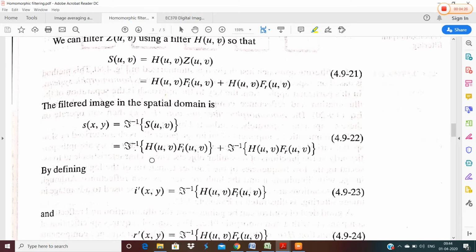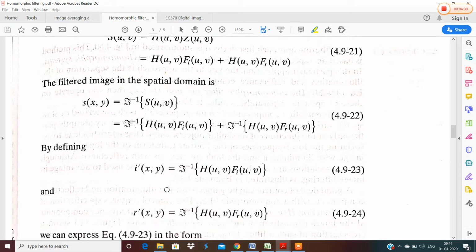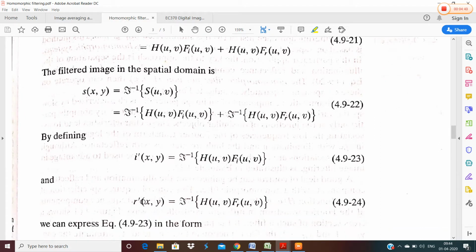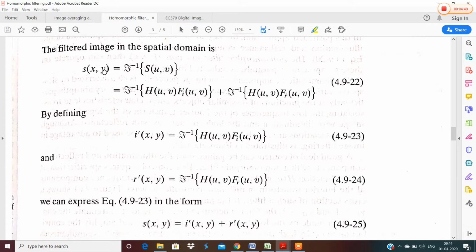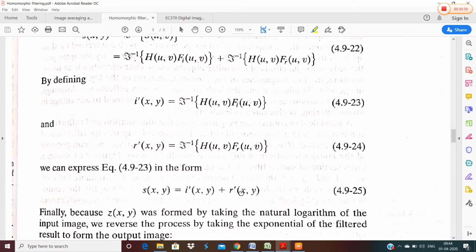You write the inverse Fourier transform of this part as i dash of x,y, that is the filtered illumination component in the spatial domain, and similarly the filtered reflectance component r dash in the spatial domain. So the new equation is s of x,y equal to i dash plus r dash.